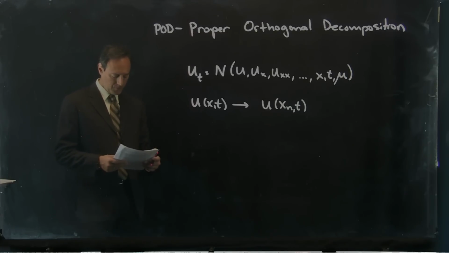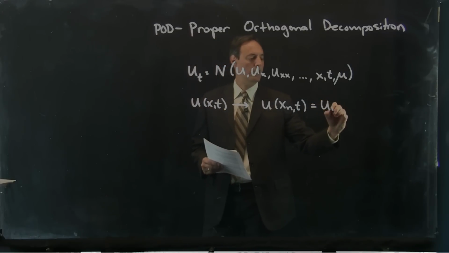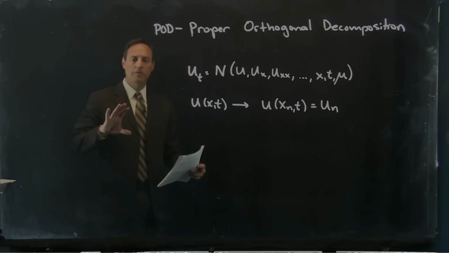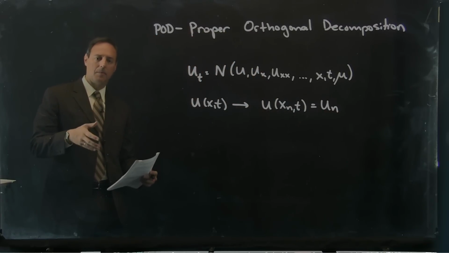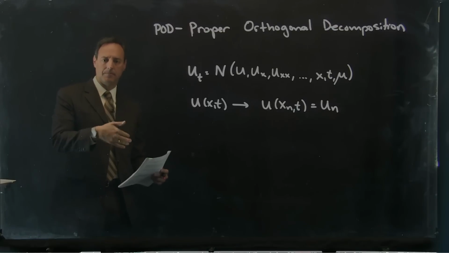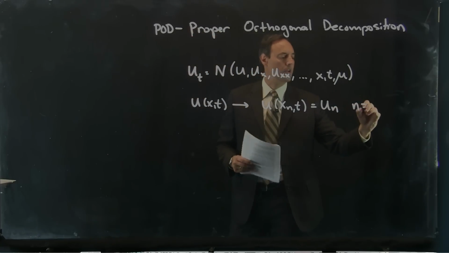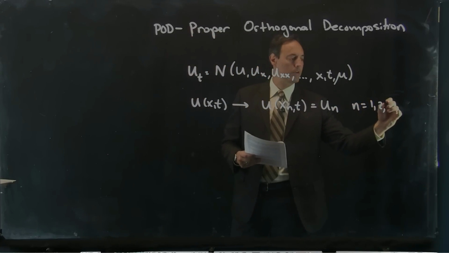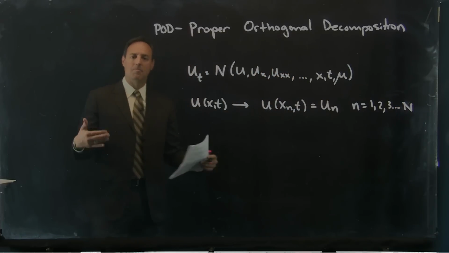Okay? In fact, we're going to call this u_n. So u_n is the solution u at the point x_n and time t. And here, n is going to be 1, 2, 3, all the way to N. So we're going to cut this up into N pieces.